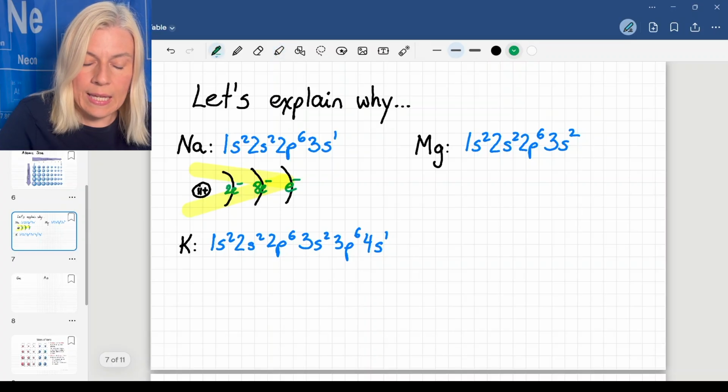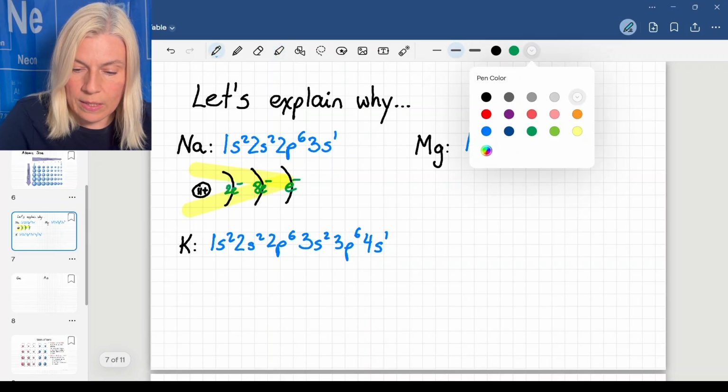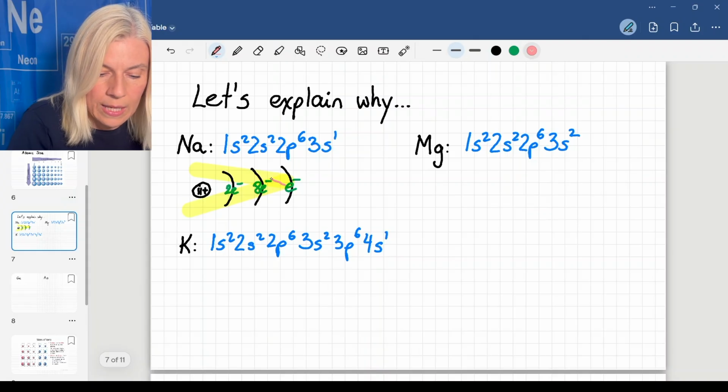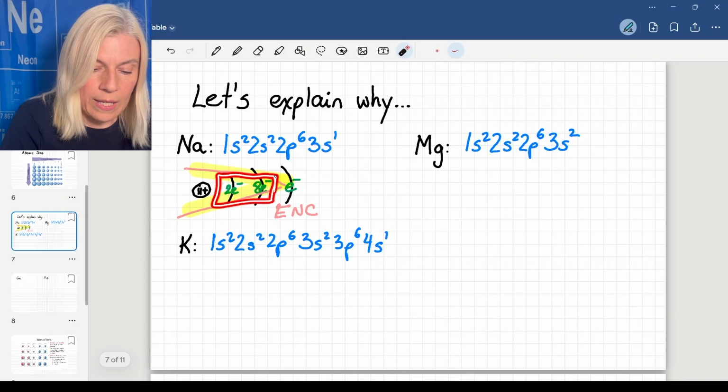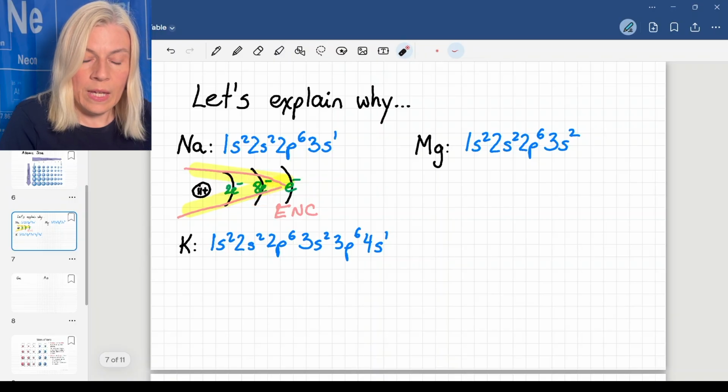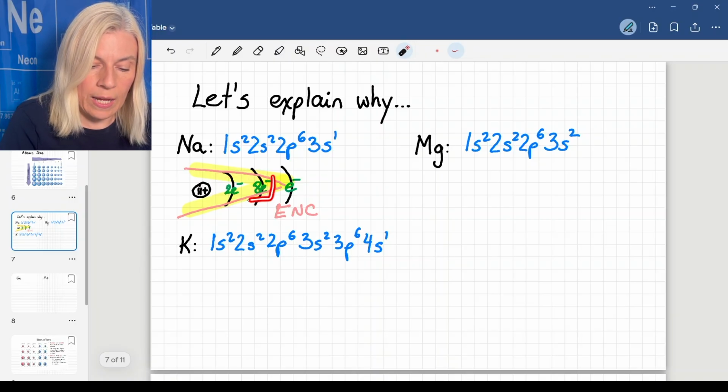It is as if it sees what? So let's make this a little bit light pink. This last electron is looking in. What does it see? So we're talking about our ENC. Well, there's 8 plus 2, 10 electrons getting in the way. And we're going to see that each electron getting in the way will block 1 proton.